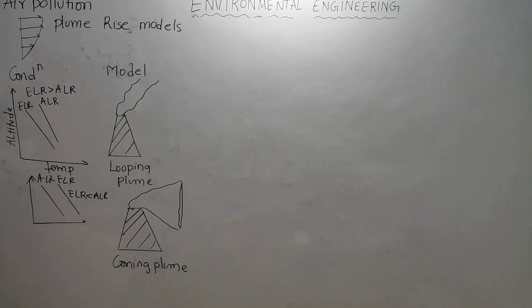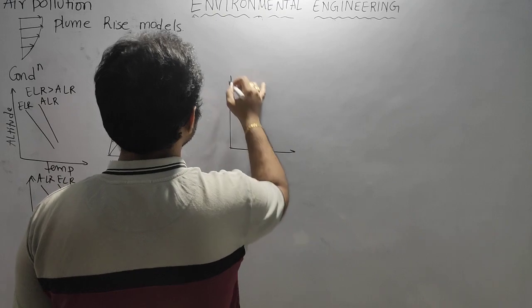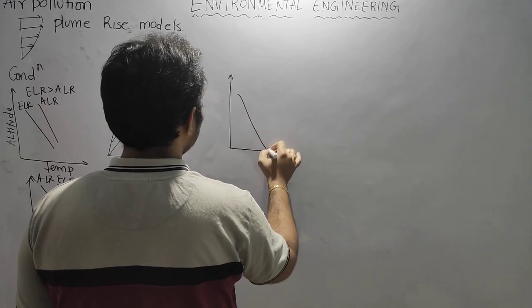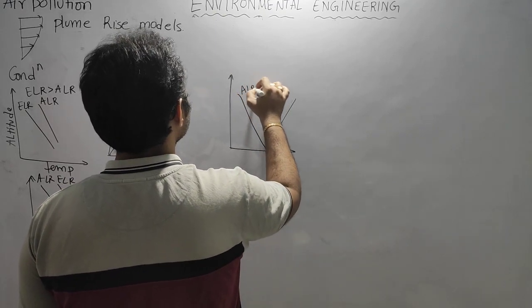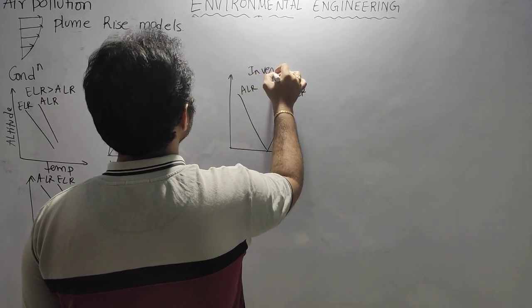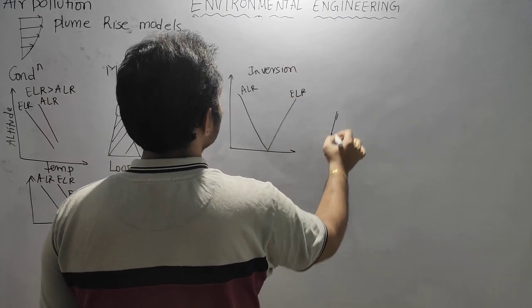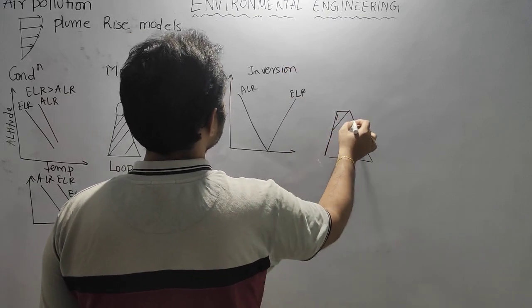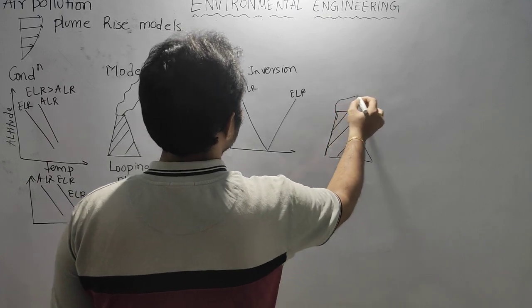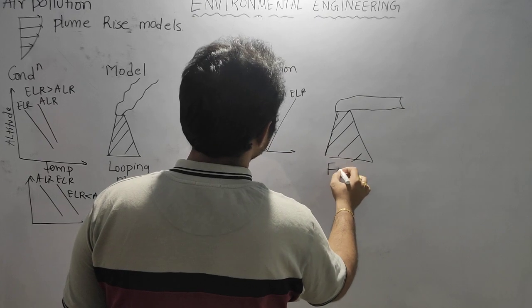Next is inversion. This is ALR, this is ELR. This is called inversion, and this is called a fanning plume.